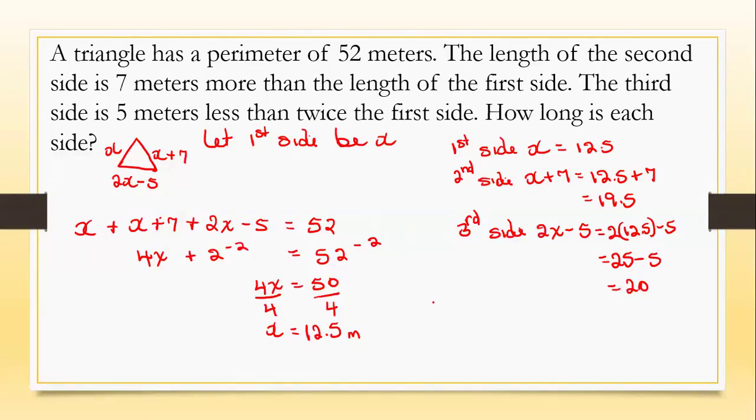So each side we have 12.5 meters, 19.5 meters, and 20 meters are the three sides.